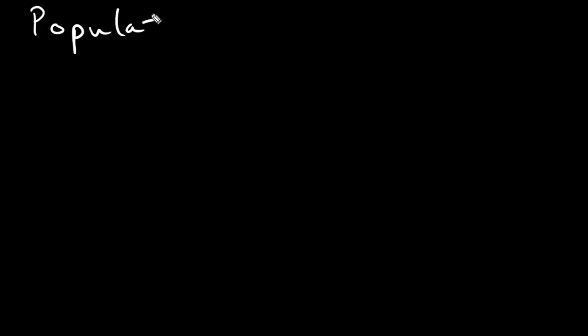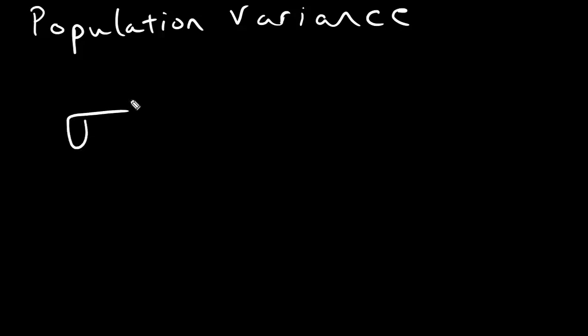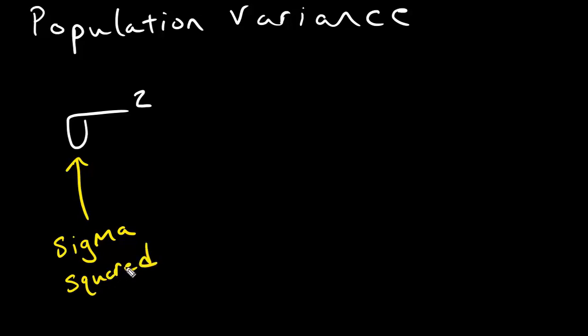So population variance. All right, this symbol that we've got here, all right, that is sigma squared. All right, and that is how we notate the population variance.